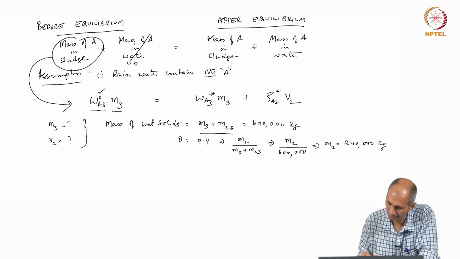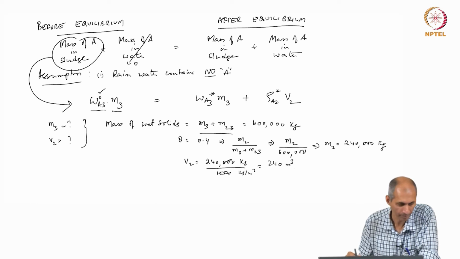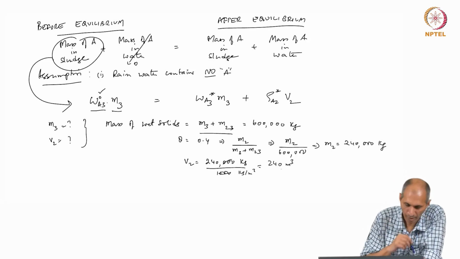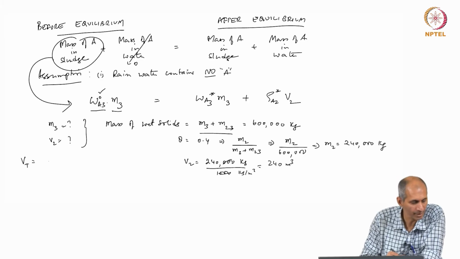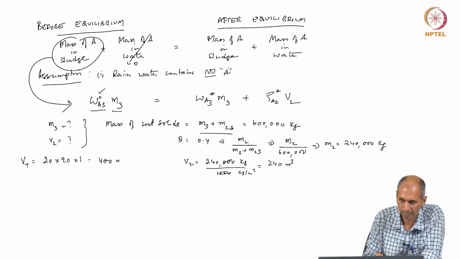Now I have the volume of 2. The total volume is 20 by 20 by 1, which is 400 meter cubed.